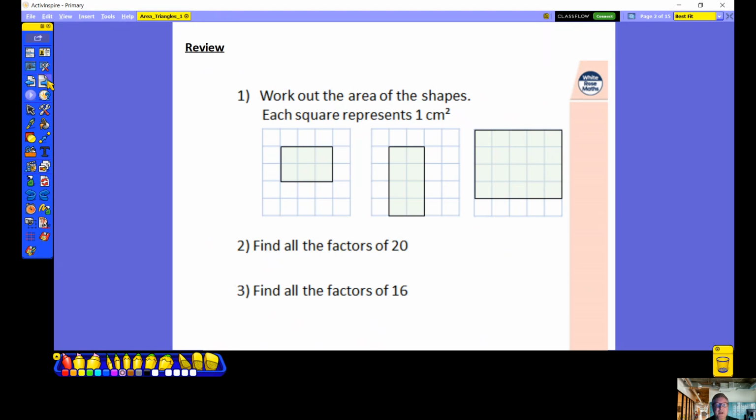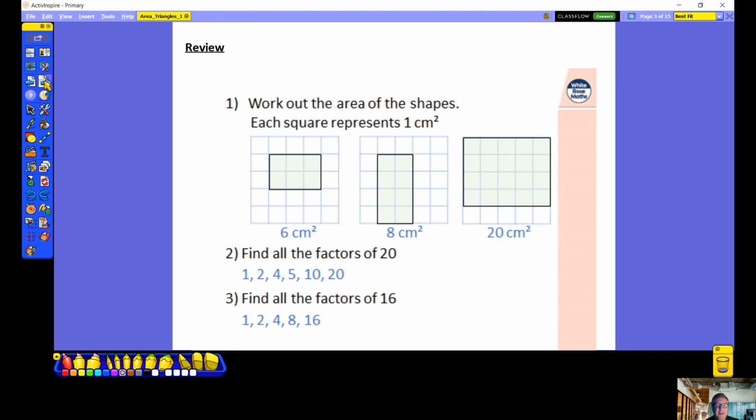Here are review questions to get that mathematical brain working. Work through these at your own pace, pause the video, and the answers will follow. Check the answers carefully, self-review your learning.